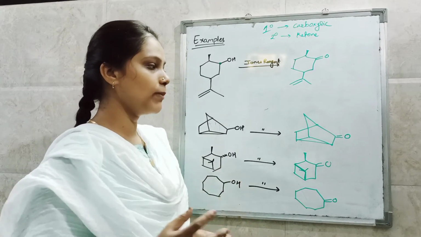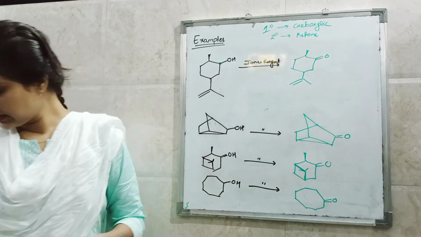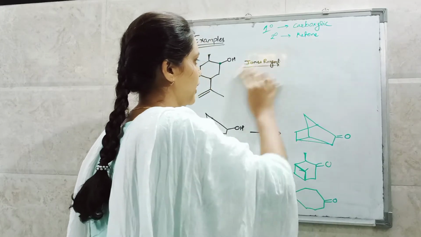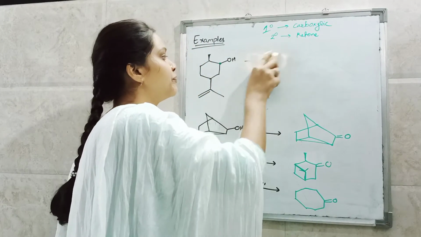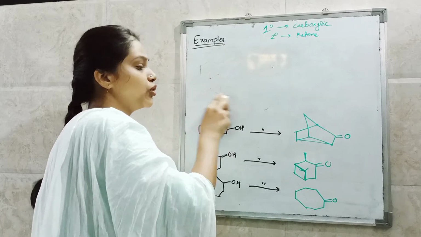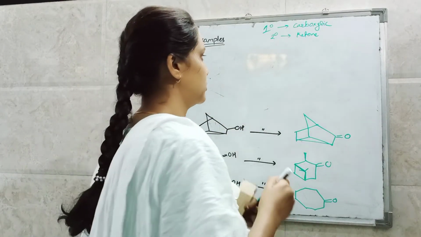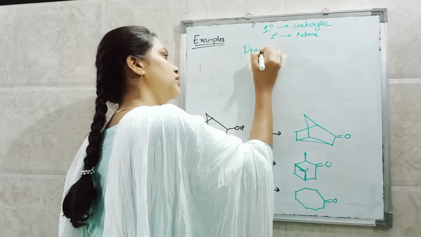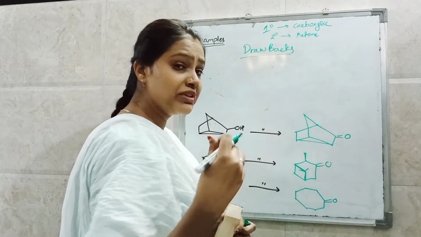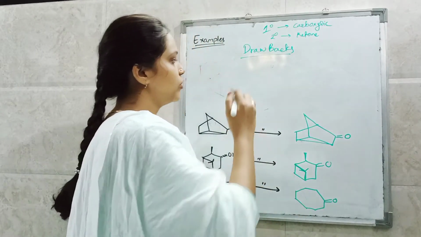Then what is the drawback of Jones reagent? See, we are using acid here, right? We are using sulfuric acid in Jones reagent. So what is the drawback? The acid-sensitive group cannot be used.